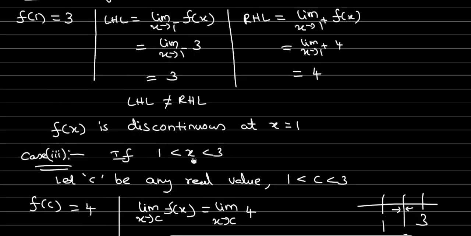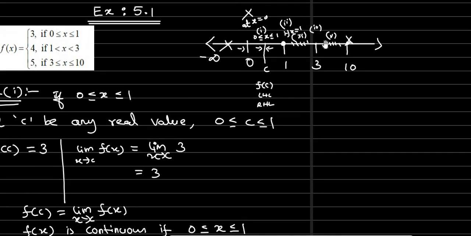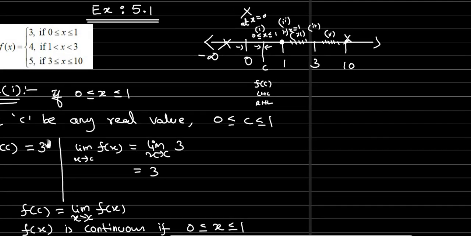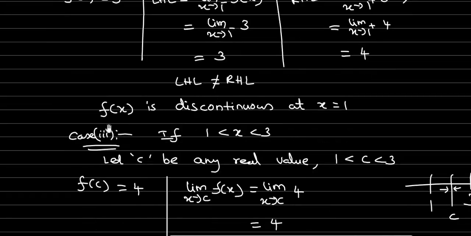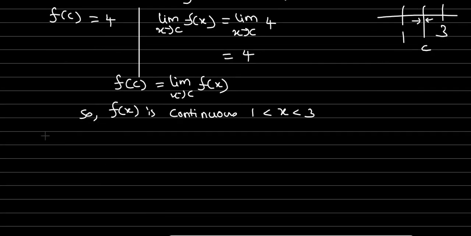Next we are going to check at x equal to 3. That is going to be our case 4. So, the exact point. If x is exactly 3, to check the continuity, the f of 3 value, left hand limit, and right hand limit, all the things are required.